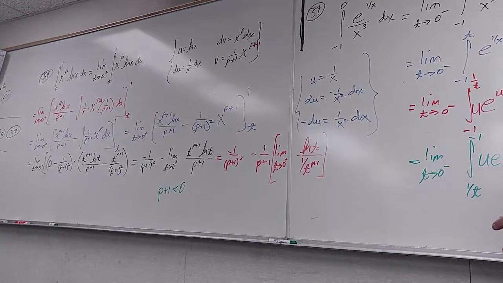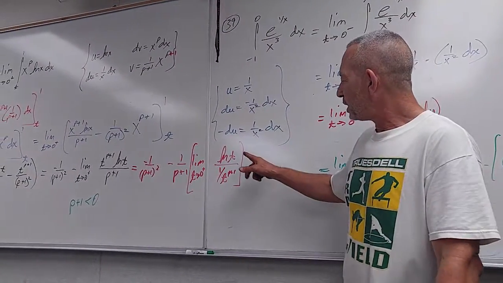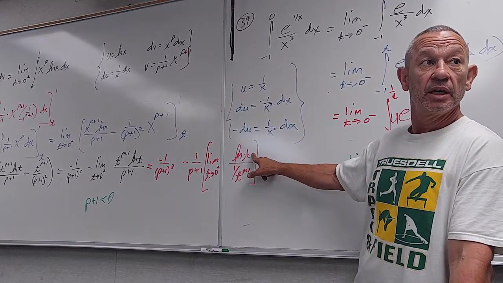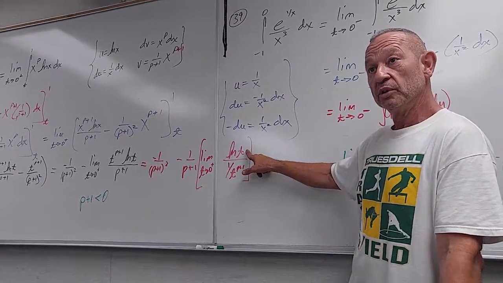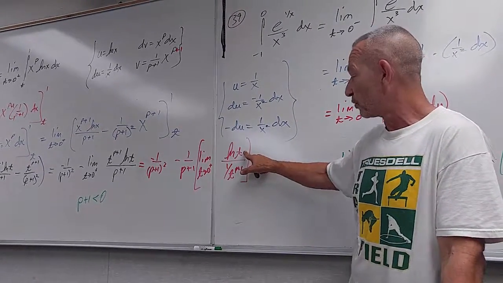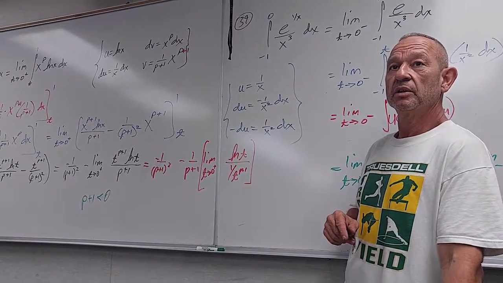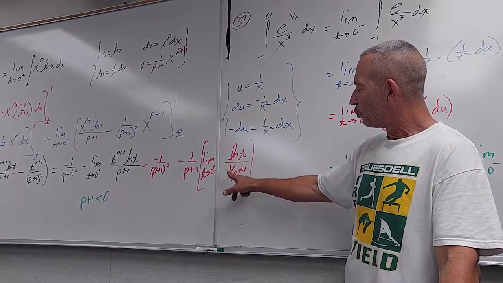So in order for this limit to have a chance of existing, we already know that we have an infinity on top, right? So in order to be able to do L'Hopital's rule and even have a chance for this to exist, I need an infinity on the bottom as well. So if t is equal to 0, is this 1 over 0?